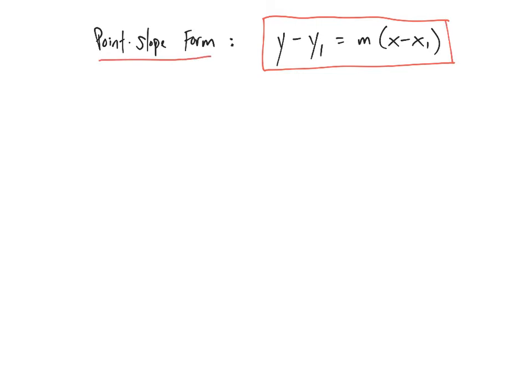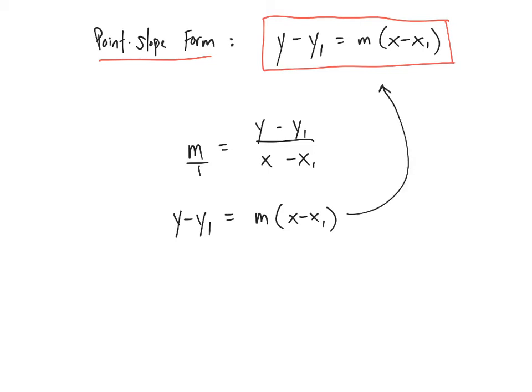But what you should realize here, and I don't know if you've ever made this connection, is that basically, if you take your slope equation, and instead of using a specific point called x2, y2, if you just call this y, just a general y and a general x, and then you just multiply both sides by x minus x1, or in other words, you could also put a 1 under this and cross-multiply this proportion, you obtain y minus y1 times 1, and then m times x minus x1, which of course is exactly what the point-slope form is.